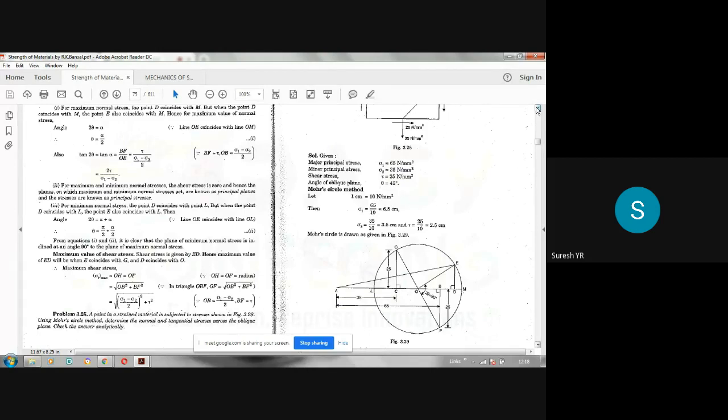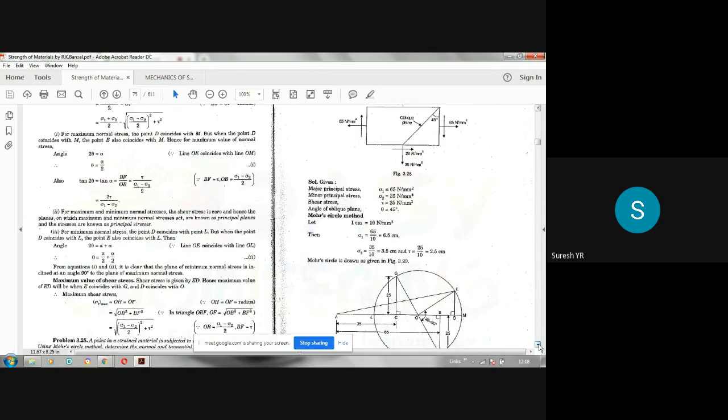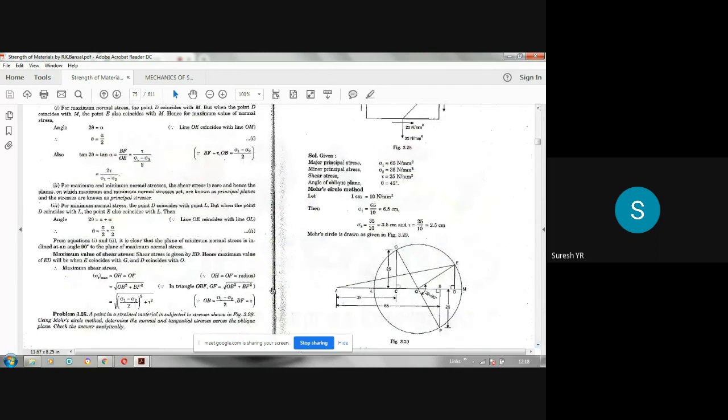Now another stress value is minus 60, which is compressive. Minus 60 means you have to take left of A. So take 6 centimeters to the left of A. Check whether it is possible to draw the circle. Otherwise, you can change the scale to 1 centimeter is equal to 20 Newton per mm square.